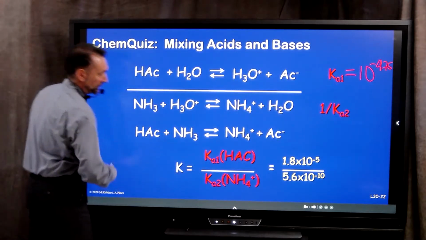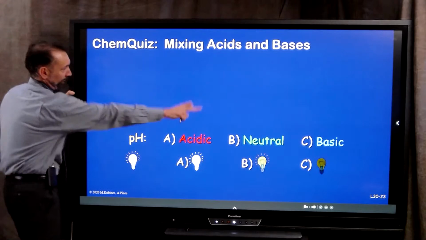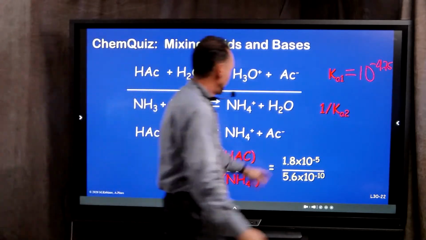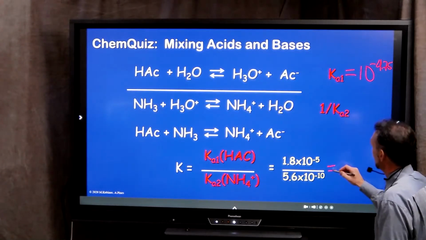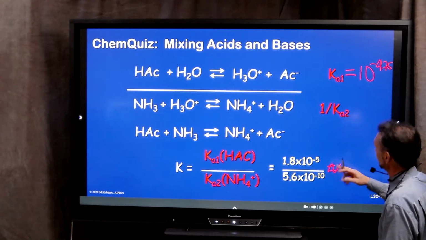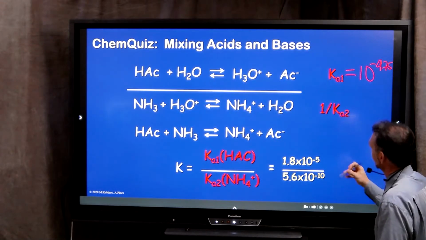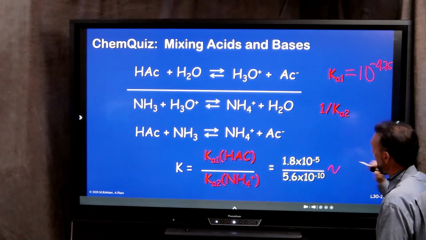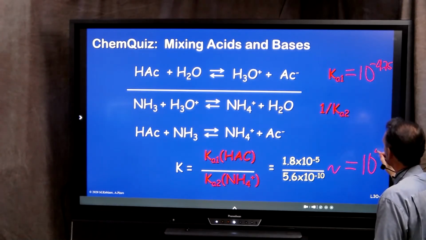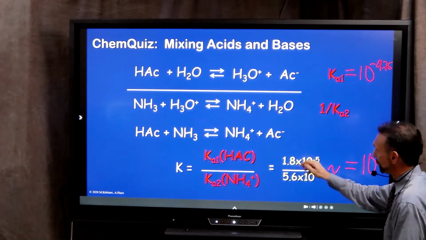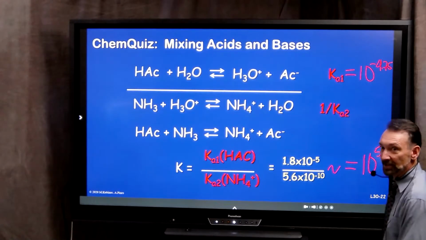So those two form the K for this, and that is about 10 to the minus 5 over 10 to the minus 10, which is about 10 to the plus 5. These two numbers don't matter very much because it's 10 to the plus 5.